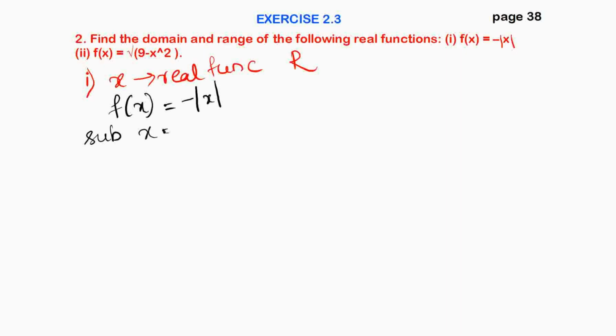If I substitute x equal to 0, f of x is 0. If x equal to 1, f of x is minus 1. If x equal to 2, f of x equal to minus 2.